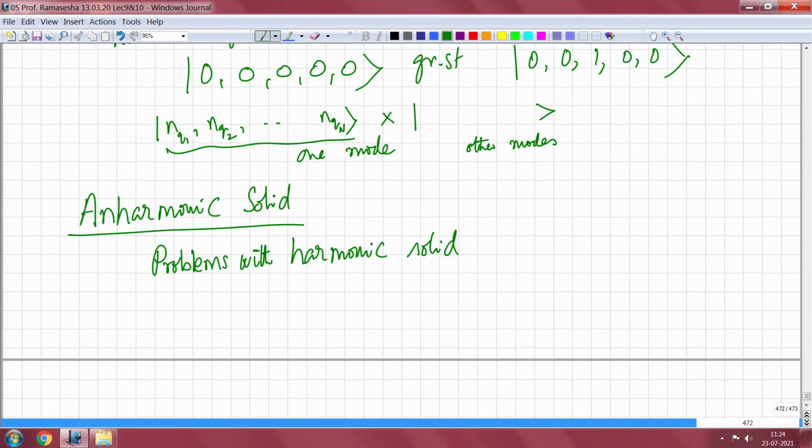One of the problems that you know is that a harmonic solid cannot expand. So, there is no thermal expansion, it cannot expand on heating.